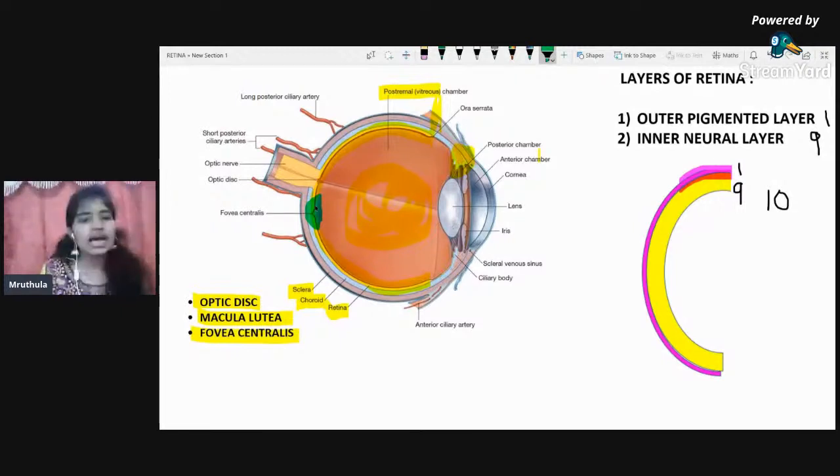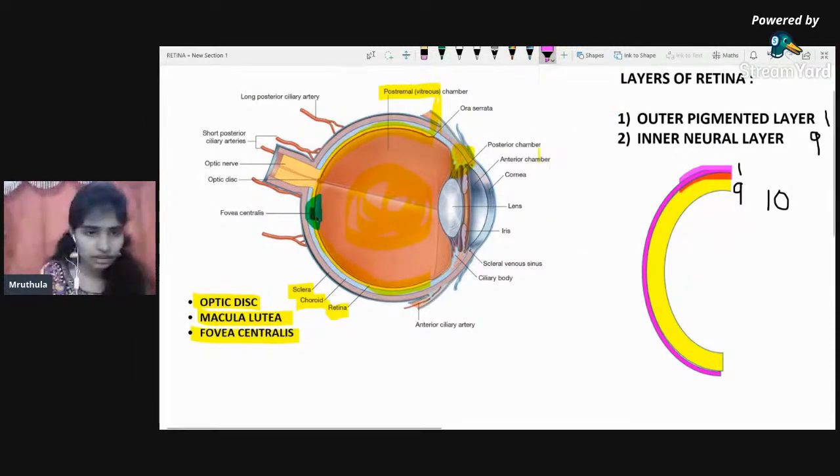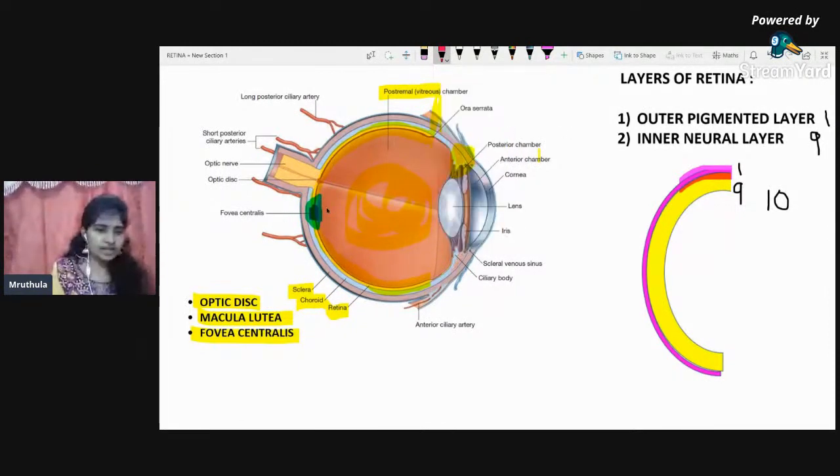And within that we have a centermost point. That particular point is called fovea centralis. I'm marking that in pink color. This point, it looks like black. So what you need to remember is this: the centermost part of the retinal lining is the macula lutea, and the centermost point of the macula lutea is called fovea centralis.